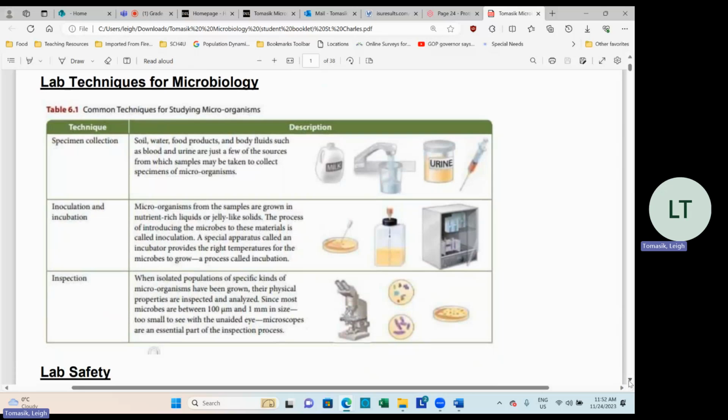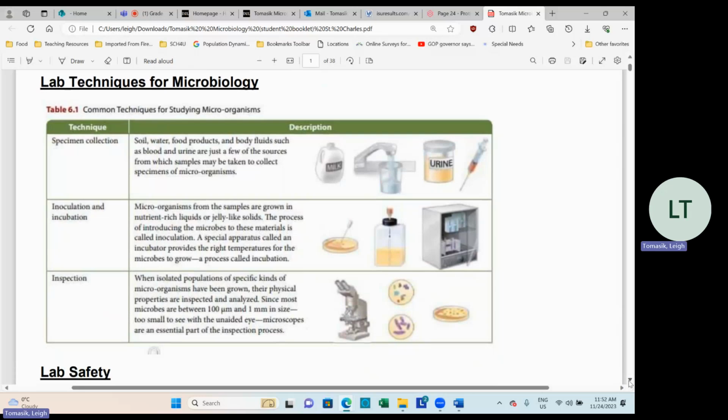So if we incubate them, okay, if we put them in an incubator, it's like a little room where the temperature is hotter, or we can control the temperature at least and set it to a temperature where the microorganisms want to grow. So after we inoculate and incubate the organisms, there are more of them there, and we can inspect them.